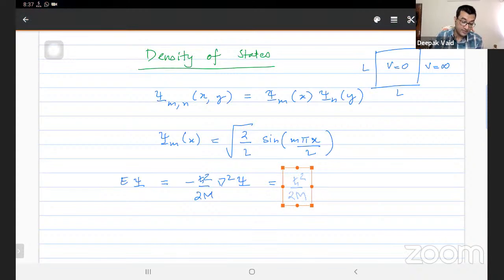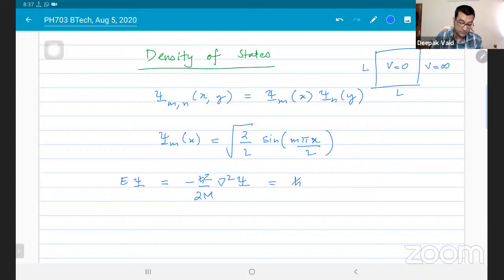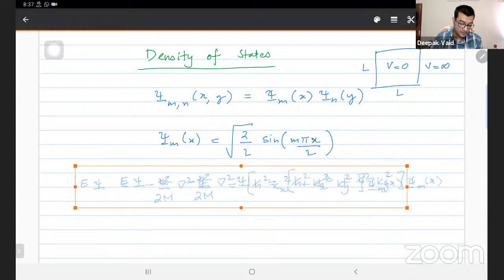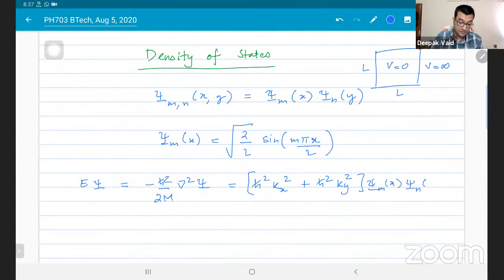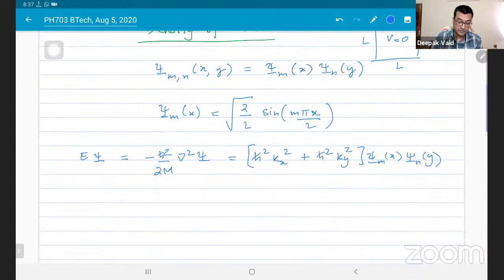Basically the energy will end up being h bar square kx square times psi m plus h bar square ky square times psi n, like this. And kx is equal to m pi by L and ky is equal to n pi by L.